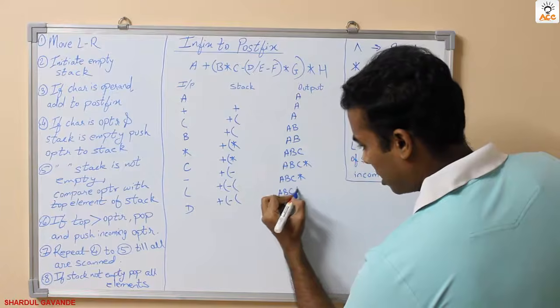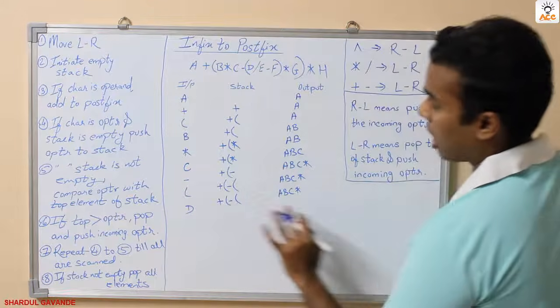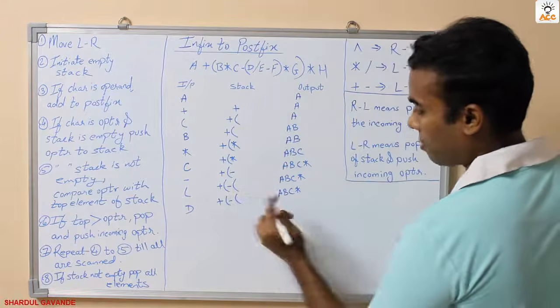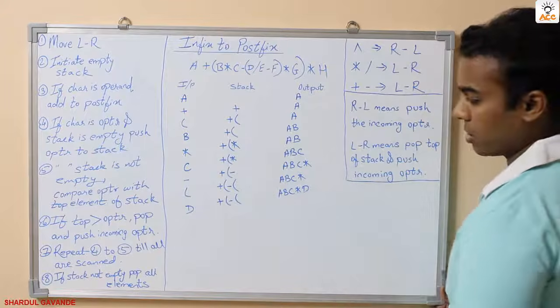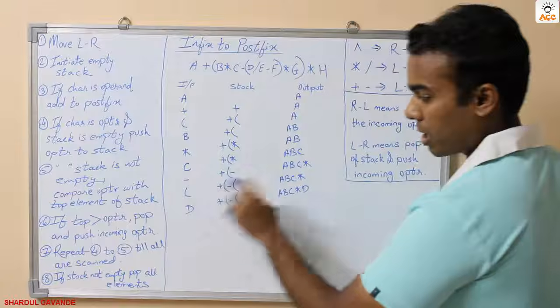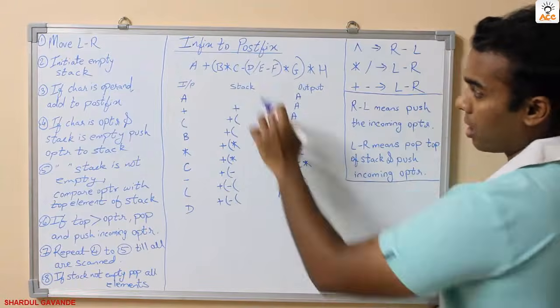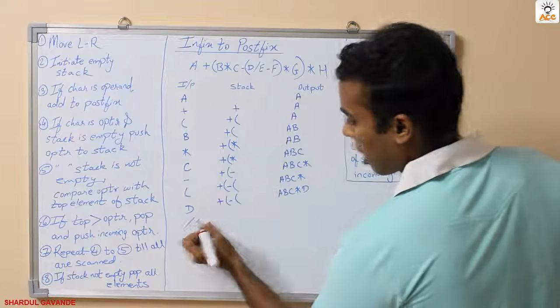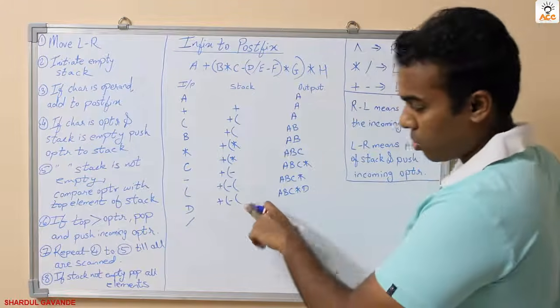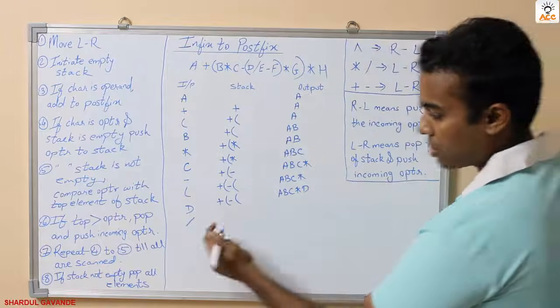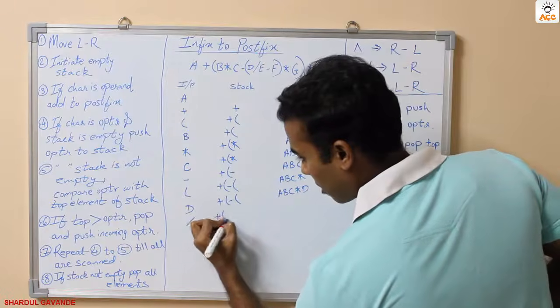Here it will be A, B, C, star. I'll keep it same, and then I'll just add D. Okay, add the character over here. If it was an operator, then we would have done the comparison part. Then what we have is slash. Now operator. So open parenthesis, there is no one to check, so we'll directly push it into the stack.